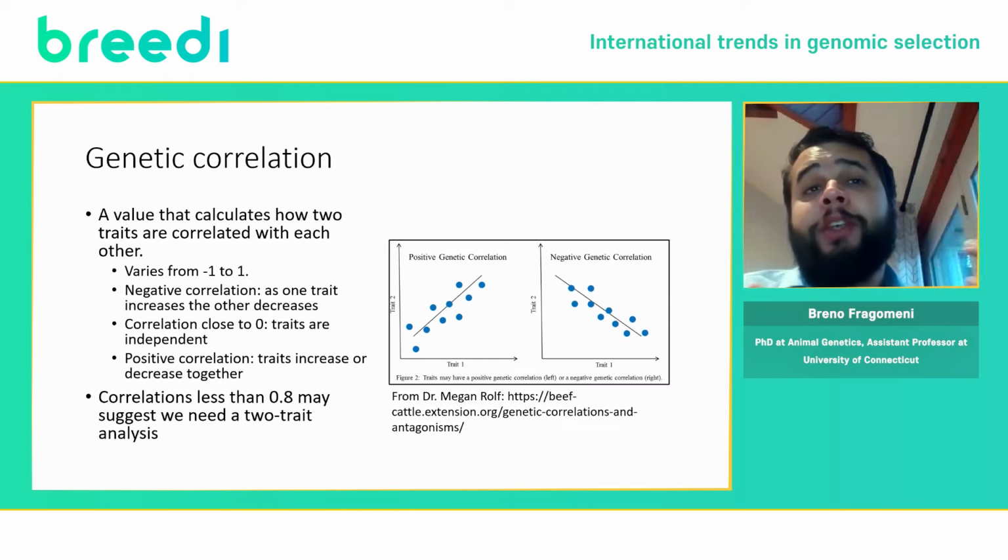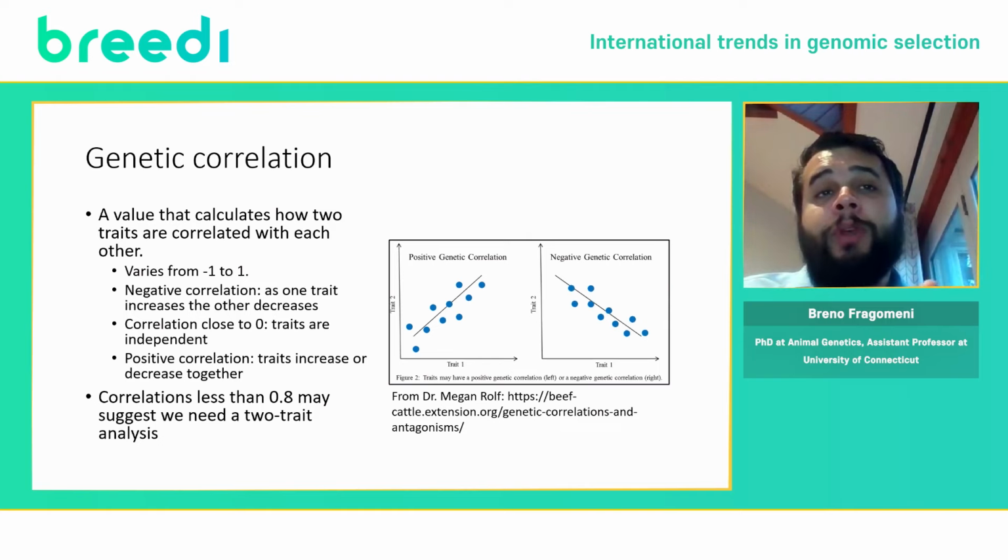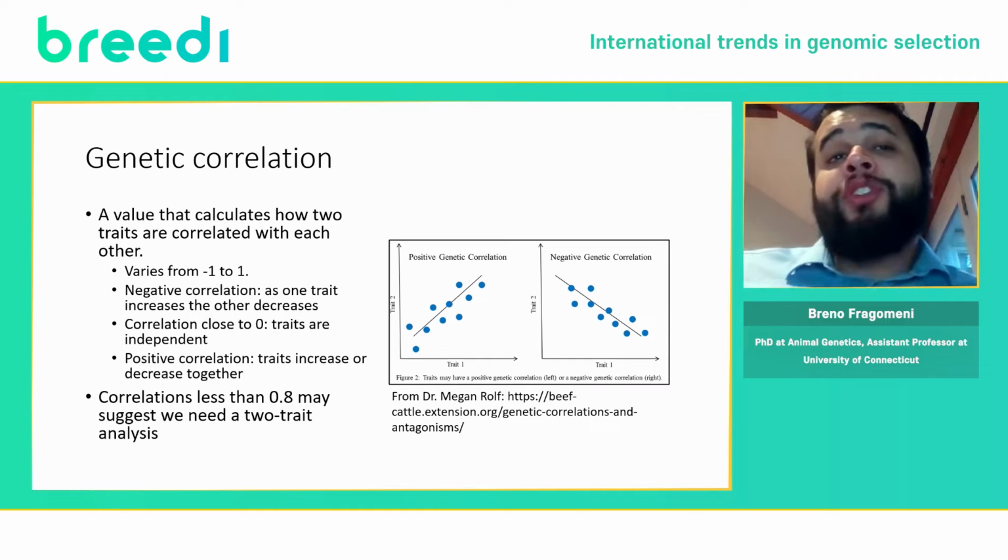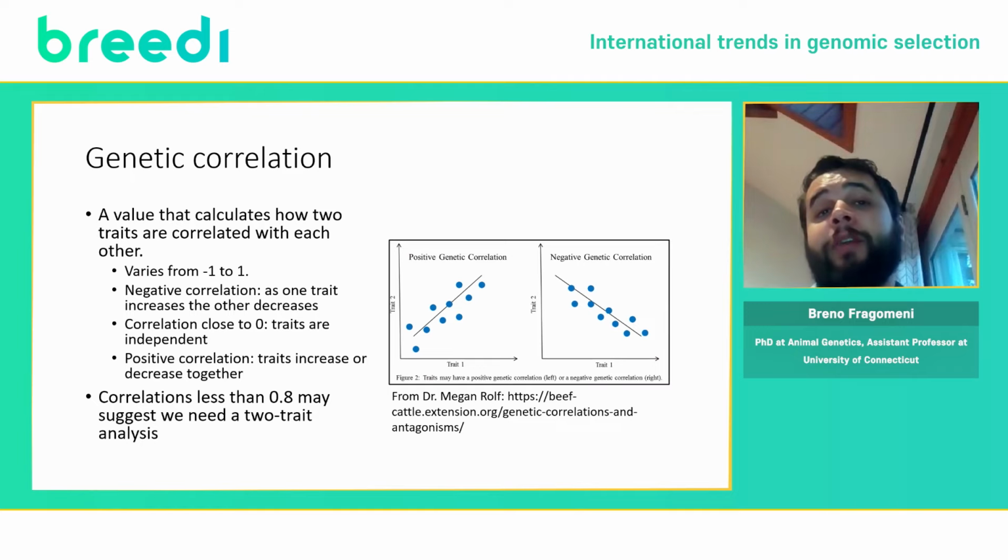And then we calculate the genetic correlation between those two traits. It's going to measure how much of the genetics of one trait is explaining the genetics of the other trait. And it's going to vary between -1 and 1. If the correlation is negative and strong, so closer to -1, it means that as one trait increases, the other trait decreases. If the correlation gets close to 0, it means that the traits are not correlated.